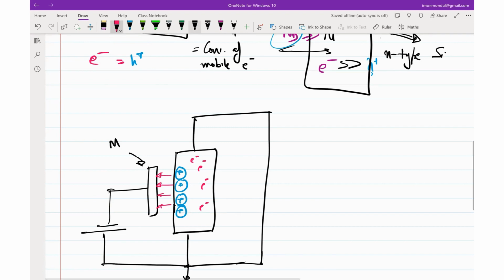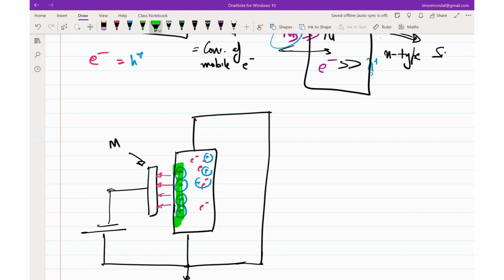Okay. So by the way, ionized impurities are present everywhere. It's not as if it's only there. But the key thing is here it is becoming uncovered. If you only observe that small region just at the edge, you are going to see it's primarily being dominated by the positive ionized charges.